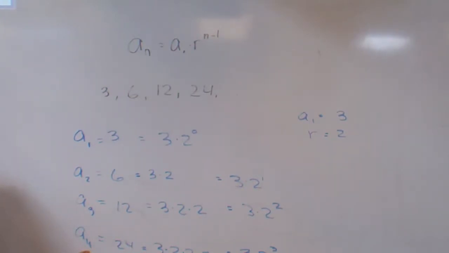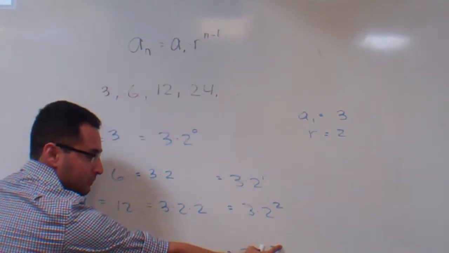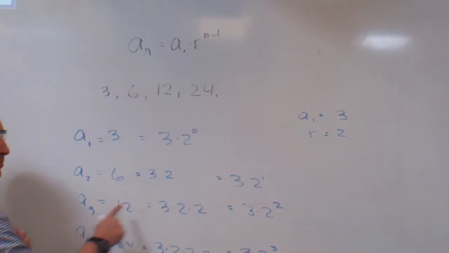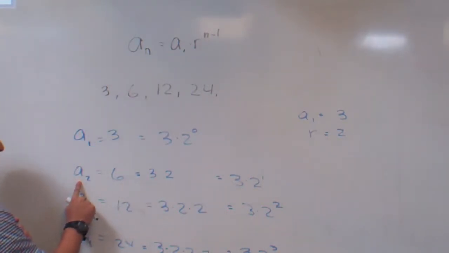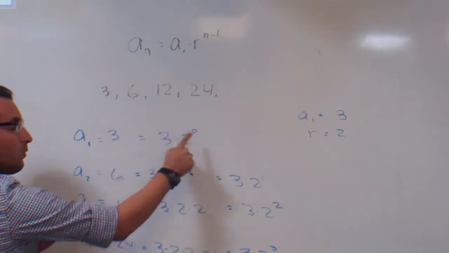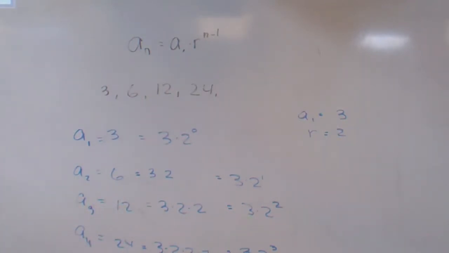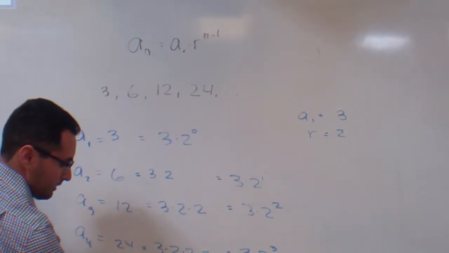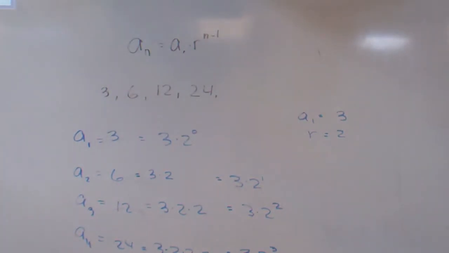The fourth term had an exponent of 3, the third term an exponent of 2, the second term an exponent of 1. It's always 1 less than n. How do you represent that? N minus 1. To the n minus 1. And that's it. So does this make sense on how it's derived? Hopefully it makes some sense.